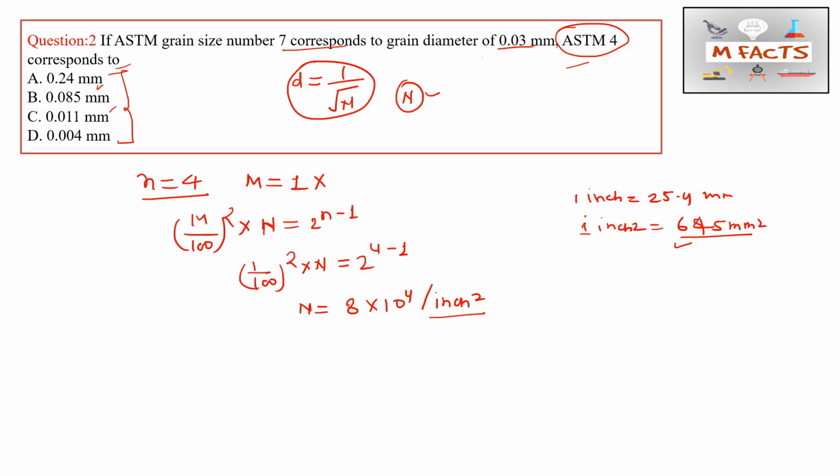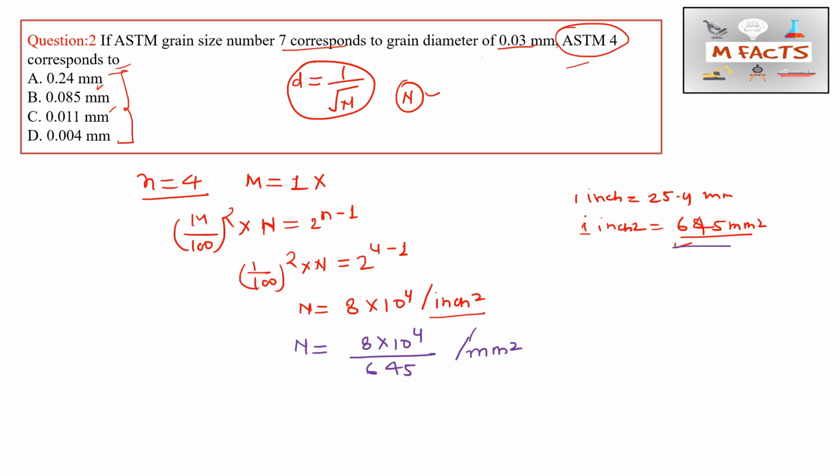They will not give options that close, so we can take it as 645. This value is per inch square, so to change it to per mm square, we divide this value by 645, and after dividing it changes to per mm square.